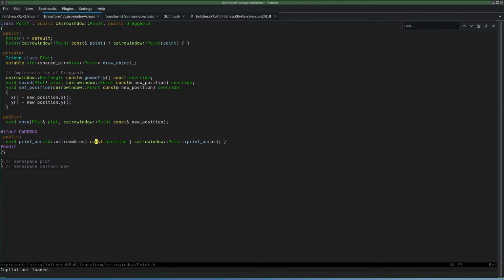Let's assume that that already exists. Yeah, but then again, this was a math point, which is now an eigen thing.